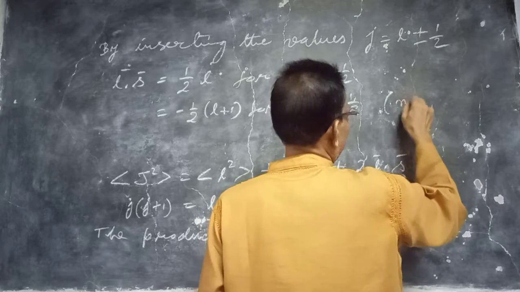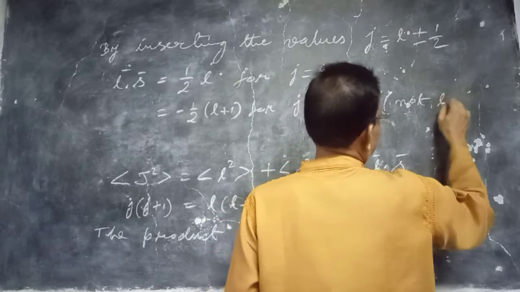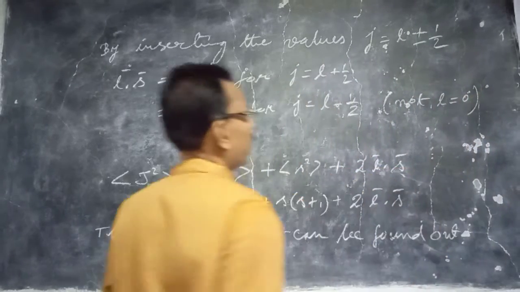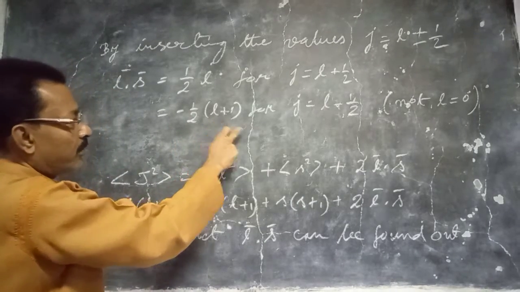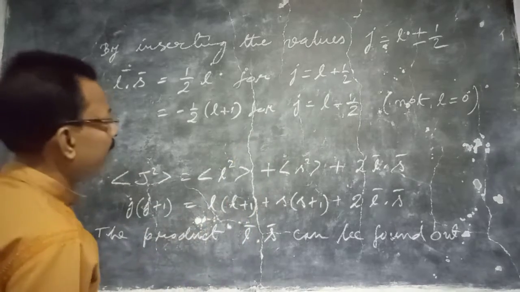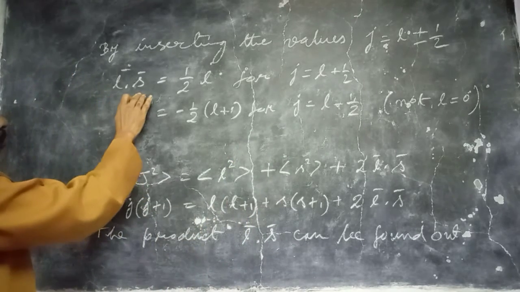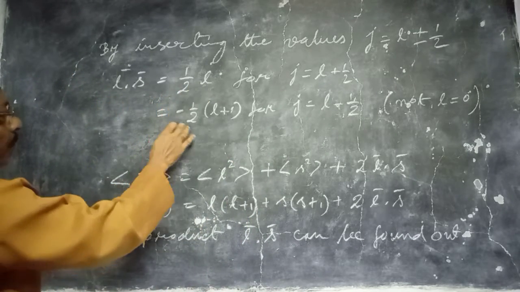This is not valid for L equal to 0, because then you get minus half, which is not possible. Therefore, we get two values of L·S.